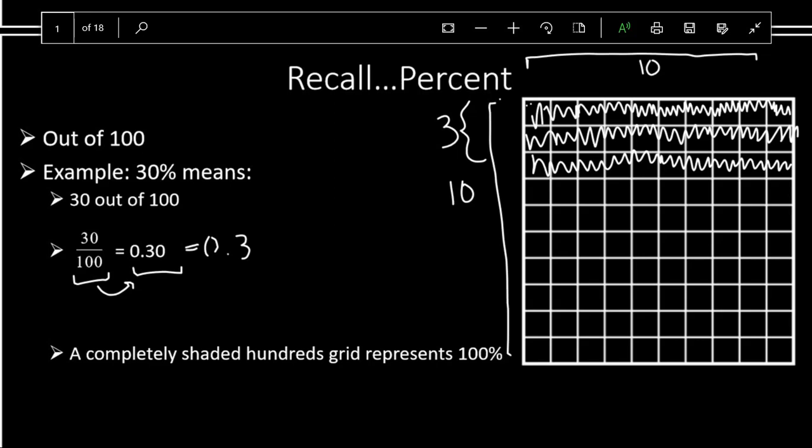And then like I said before, up at the top, we have our 10 squares going across. So if you wanted to double check, 3 times 10 gives you 30. Oh, just imagine there's a 0 there. It doesn't want to write. Okay, so that's your 30%.